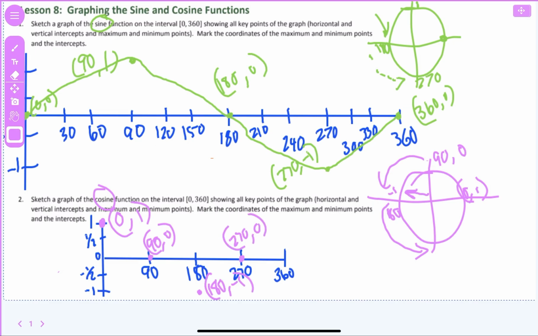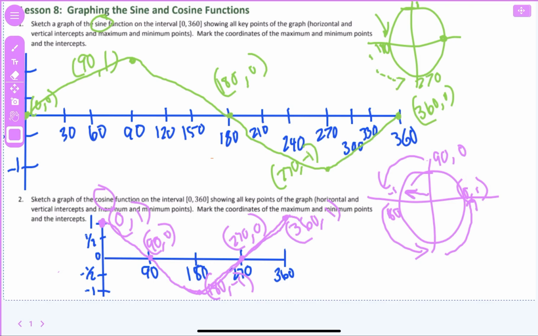And 360 is going to bring us back over to 1. So we have 360 and 1. And that graph looks like this. It's a little bit more curved than that. Sorry, it's not the best drawing, but that's how you're going to sketch these type graphs.